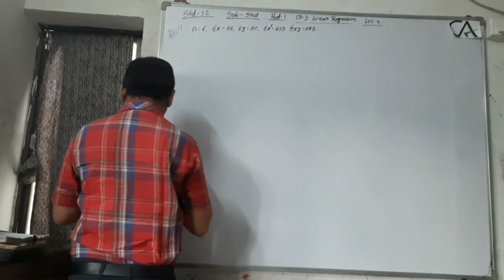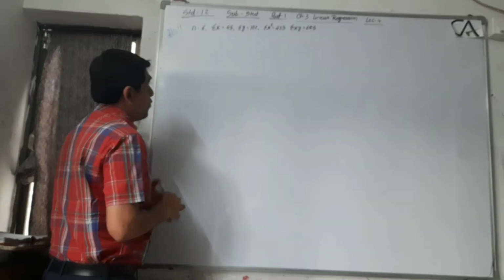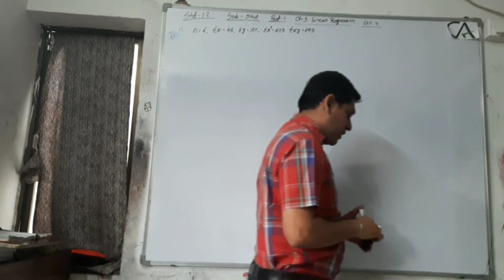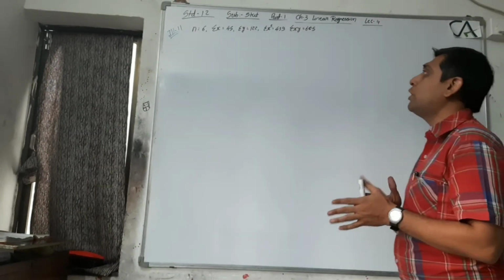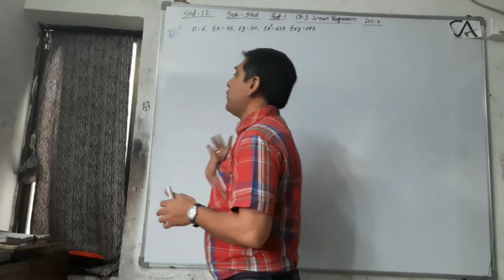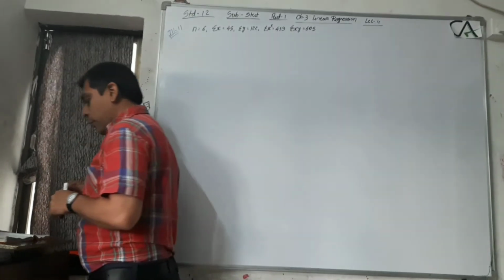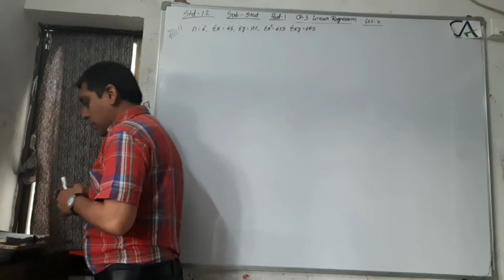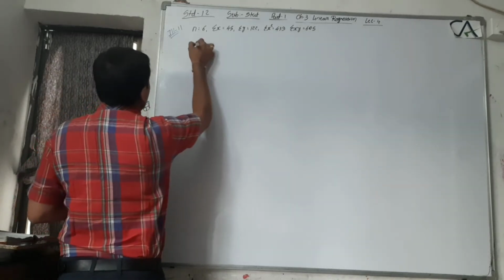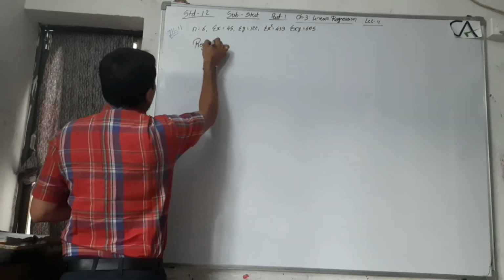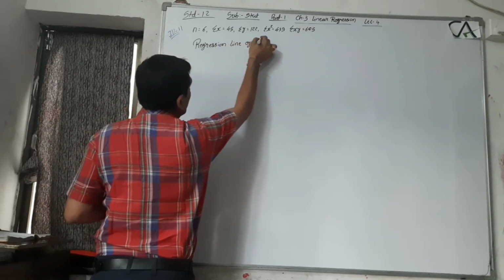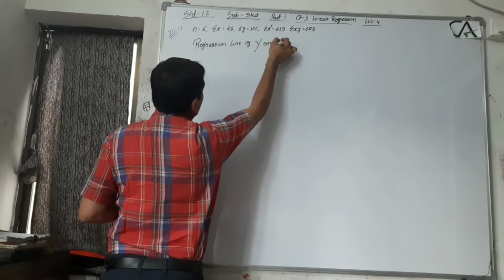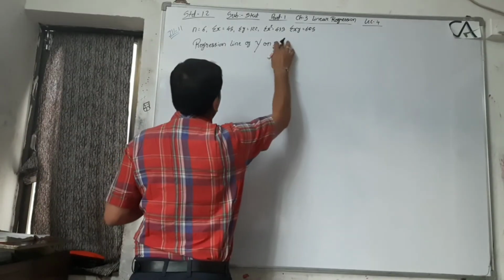See here, what information is given, what data is given. First of all, on the basis of that you have to think about which formula we have to use. Read the question first. Obtain the regression line of demand on price, that is y on x.